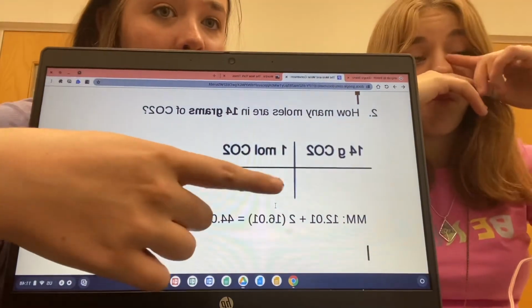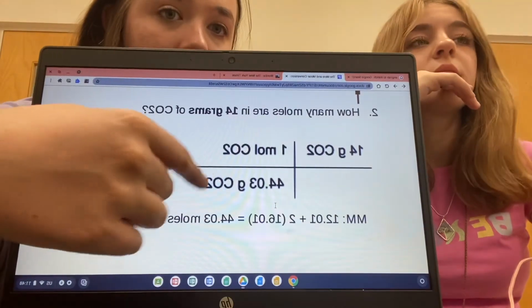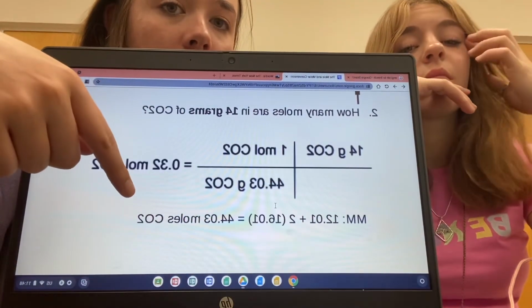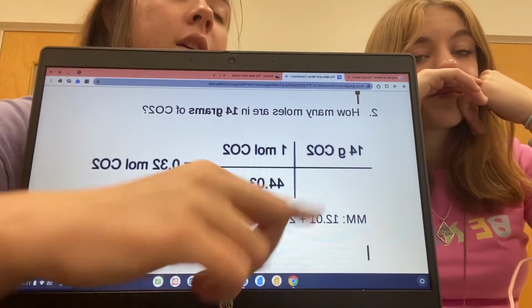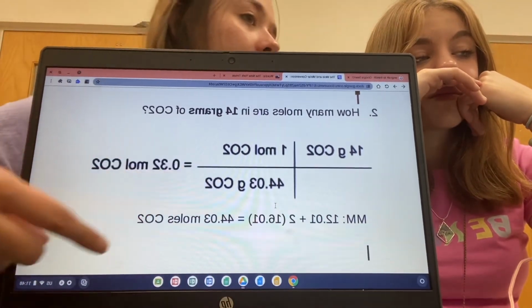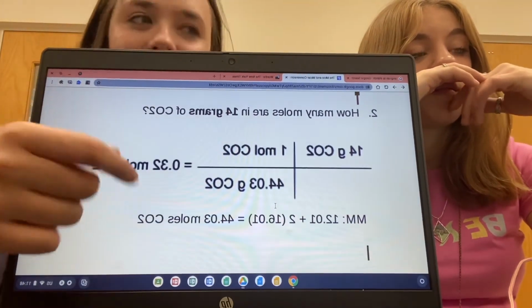Anything under here is how much is in this, so 1 mole of CO2 would be this. Then we multiply across using our rules for dimensional analysis: 14 times 1 divided by 44.03, which is 0.32 moles of CO2.